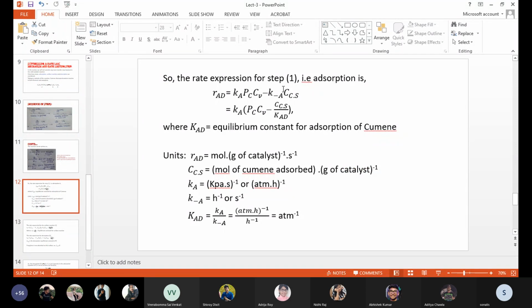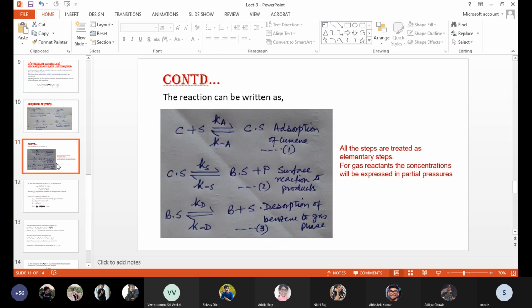So the rate expression for step 1, that is adsorption, is RAD.